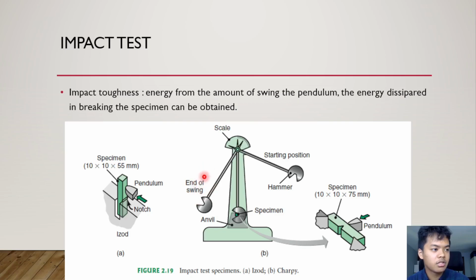So we measure the value by looking for the difference in potential energy from this height, big H, and from this height, small h.